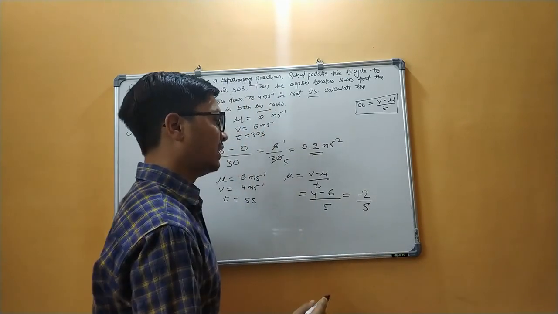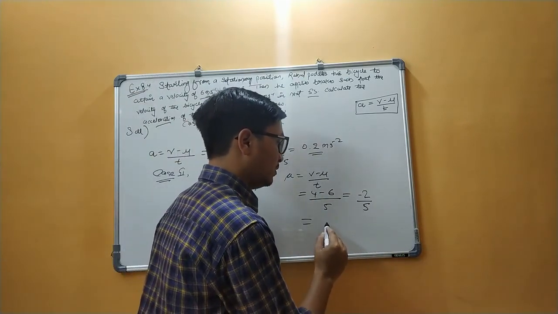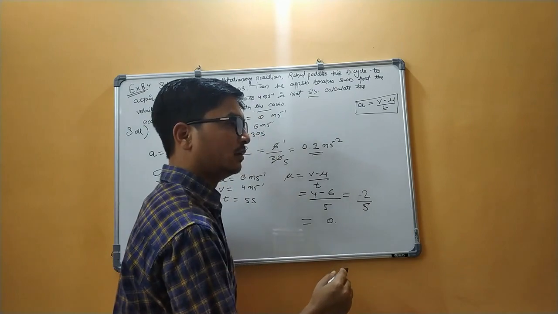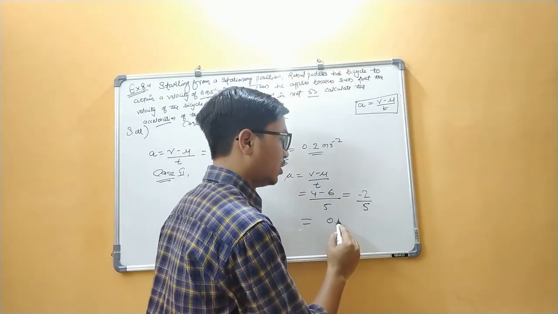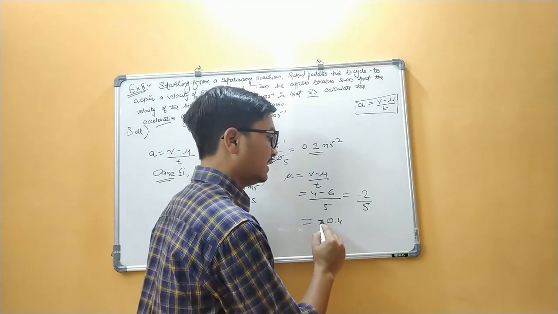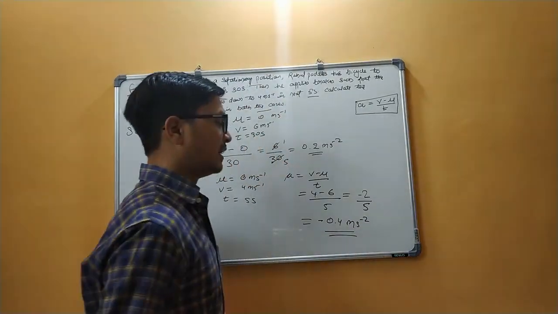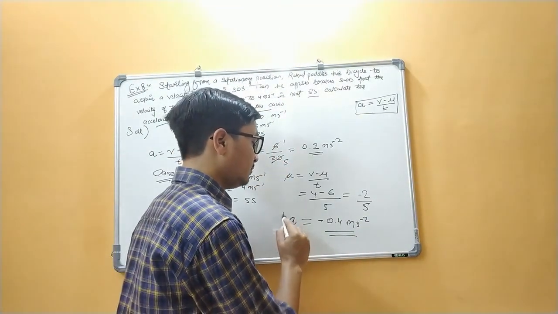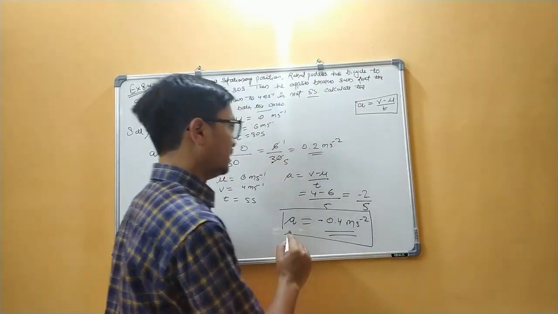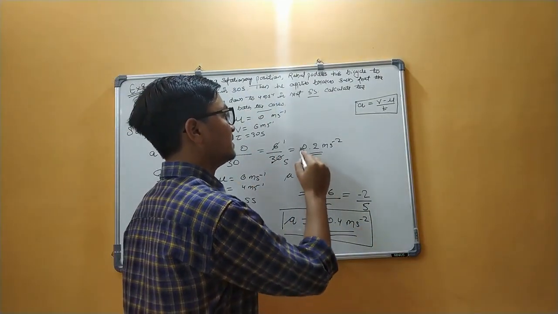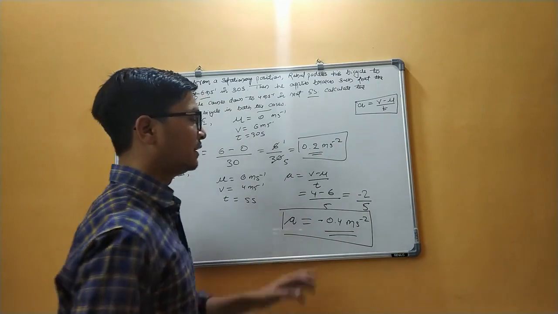When I solve this, it comes to 0.4, but the sign is minus. The acceleration unit is meter second minus 2. In the first case my answer is this, and in the second case my answer is this.